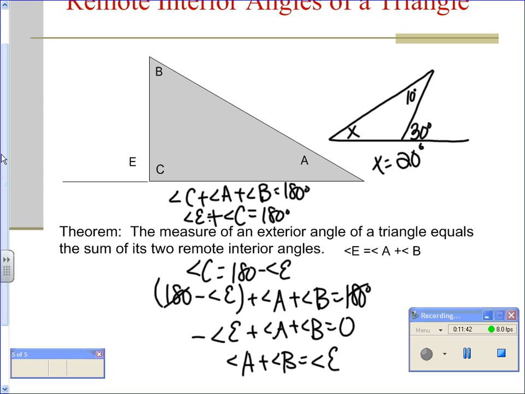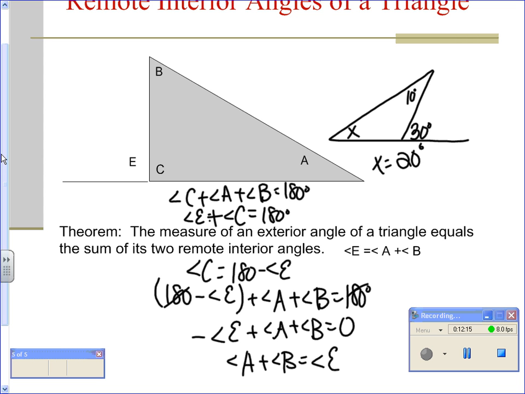Does that make sense? E is always equal to A plus B. It's the two angles that are not next to E. A plus B equals E. Whatever A and B are, you add them up and they equal E. Does that make sense? It'll usually give you one of them, or it'll give you both of them if you're asking to find E.